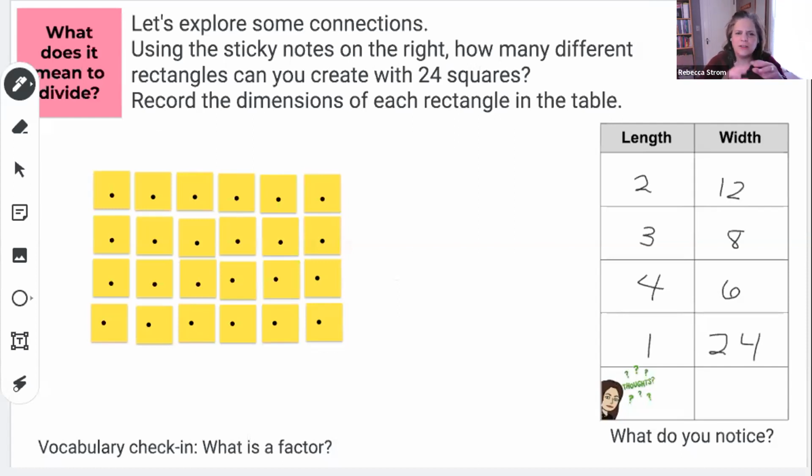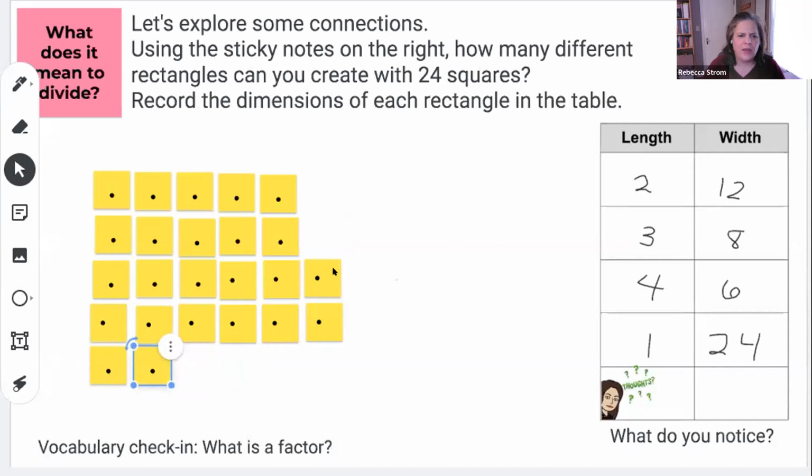So now that we've built every possible arrangement that they found, then we start asking questions. Did anybody make a rectangle where they had side of length 5? So we could say, what if I said I'm determined to have 1, 2, 3, 4, 5 things in my side? Can I make a rectangle of side length 5?